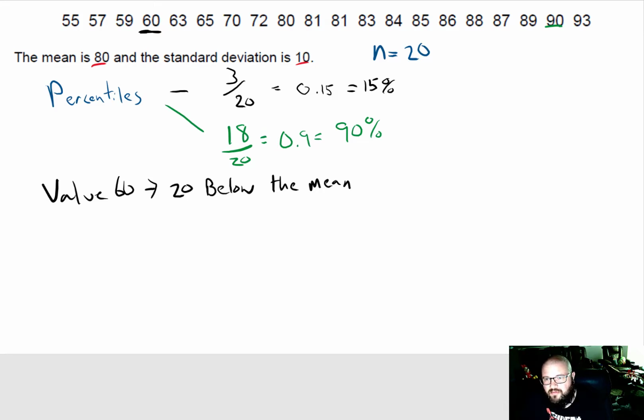Well, we have standard deviations of 10. And if we know it's 20 below, to find out our standard deviations, we simply take our 20 divided by 10, which should give us 2, and that is going to be 2 standard deviations away from the mean.